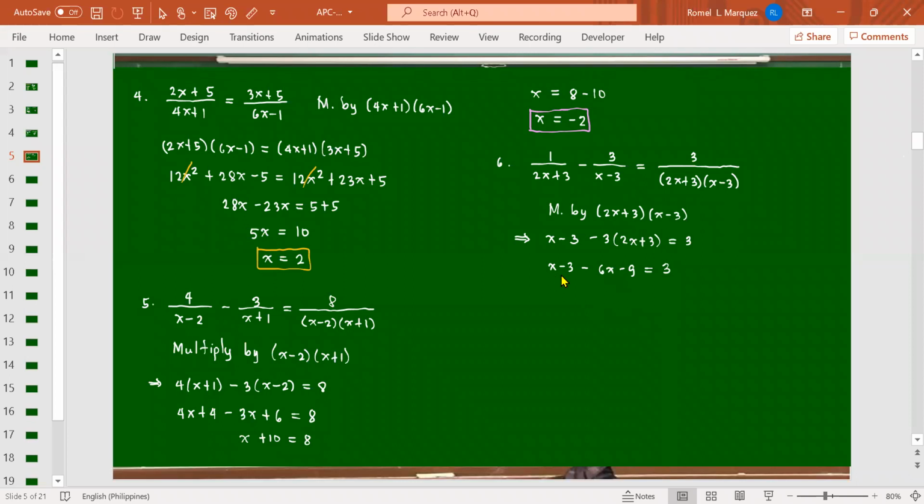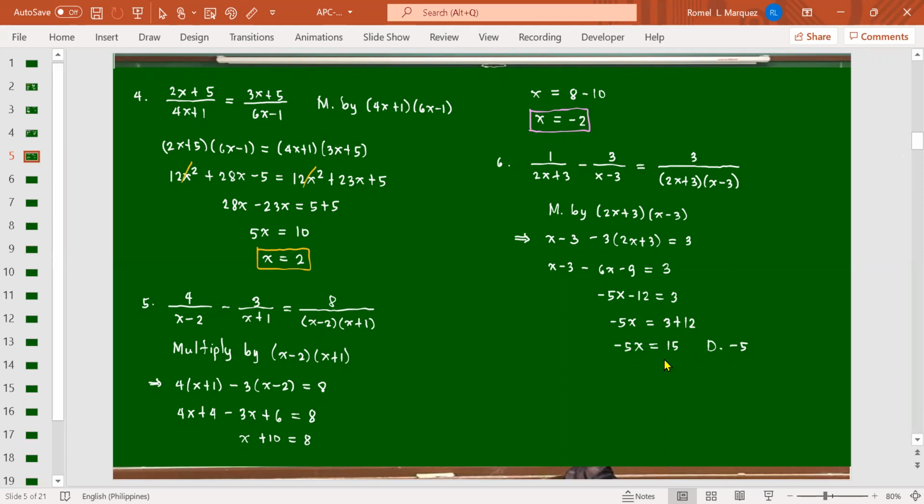Okay? So combining x and negative 6x, that is negative 5x. Negative 3, negative 9, that is negative 12. It is equal to 3. So adding on its side positive 12 to get negative 5x equals 3 plus 12. So that is 15. So negative 5x is equal to 15.